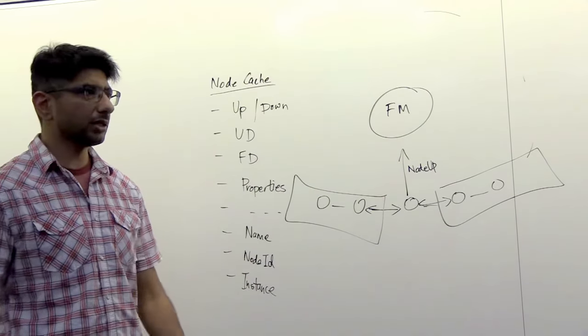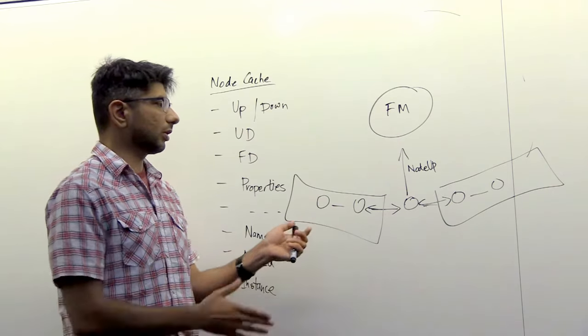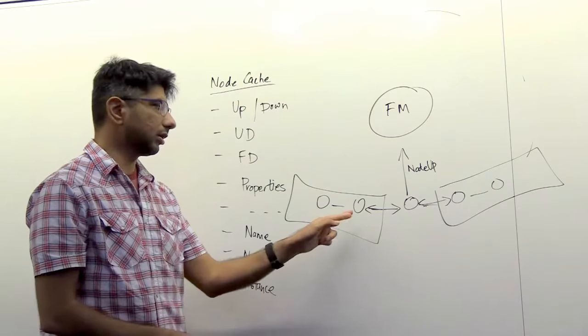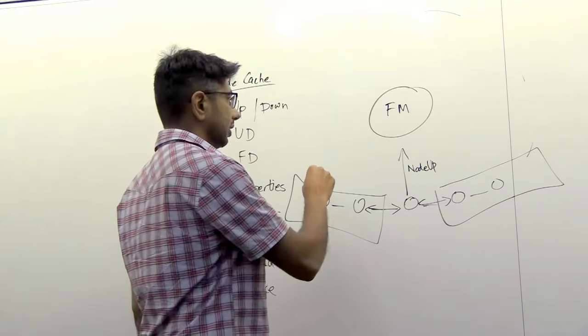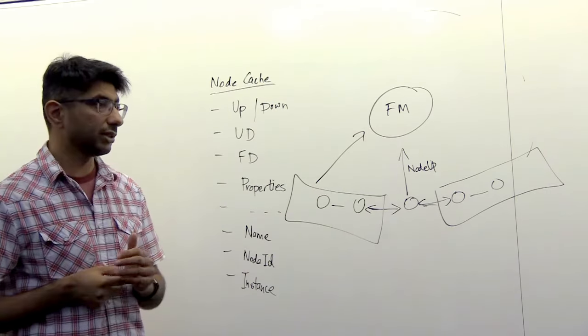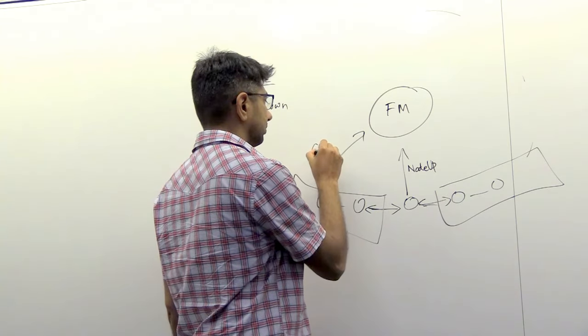When the neighbors detect that the node is down, eventually this information will propagate through the entire federation. But as soon as the neighbor finds out that the node is down, it sends a message to the FM. The message is not explicitly saying that the node is down; it's a change notification message.